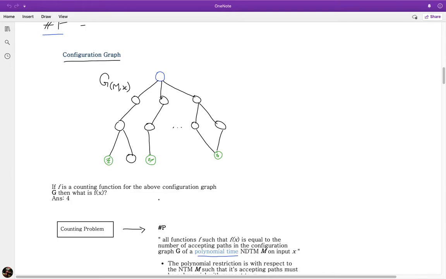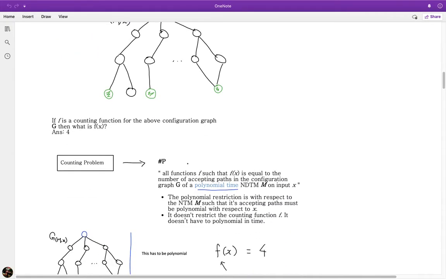So in the above graph that we have here, f of x is 4, because as we can see we have 3 accepting states here, and the number of paths to reach these accepting states from the initial state, or the initial configuration, is 4.